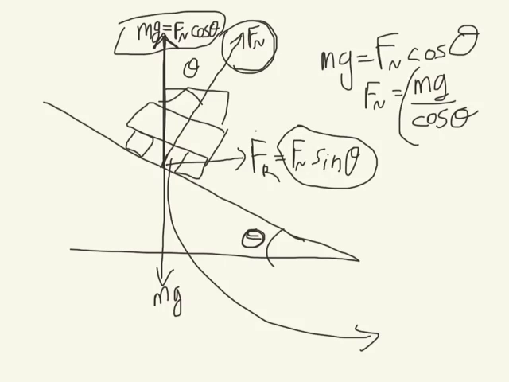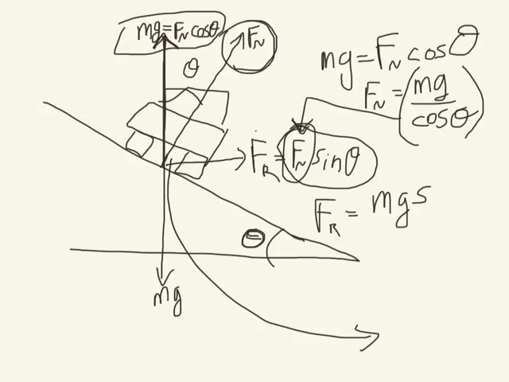So we can plug in this definition for the variable Fn, and we get our radial force is equal to mg sine theta over cosine theta.